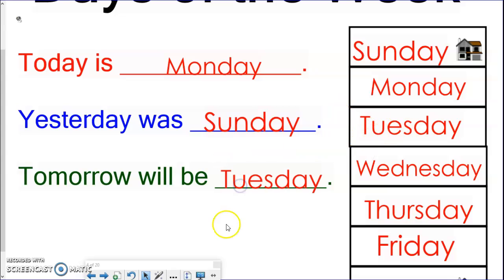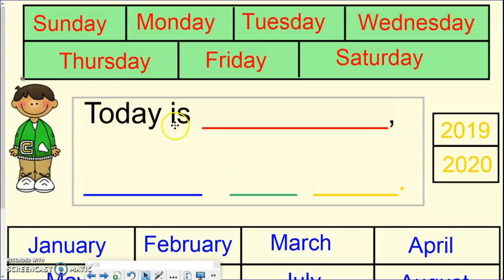Tuesday. Very good. All right, let's go ahead and read our sentence starting at the top red one right up here. Today is Monday. Yesterday was Sunday. Tomorrow will be Tuesday.